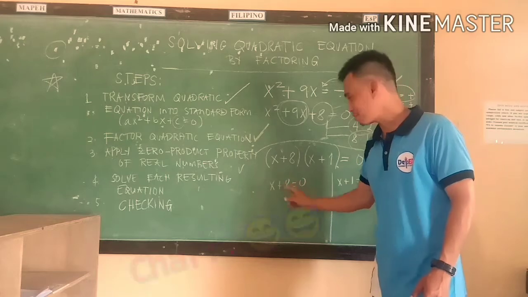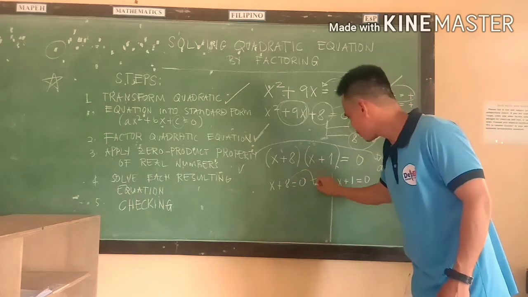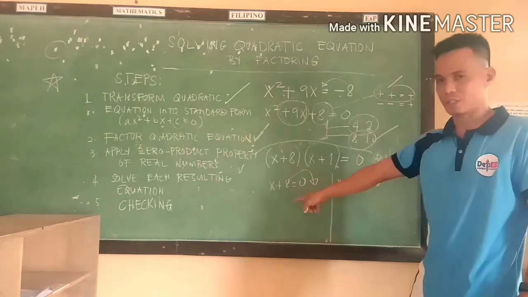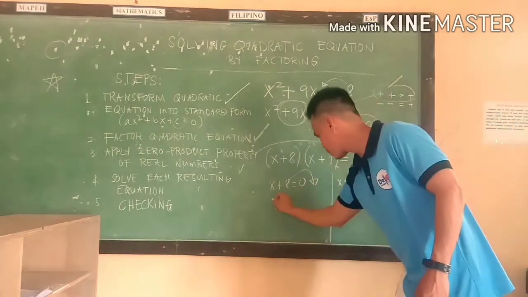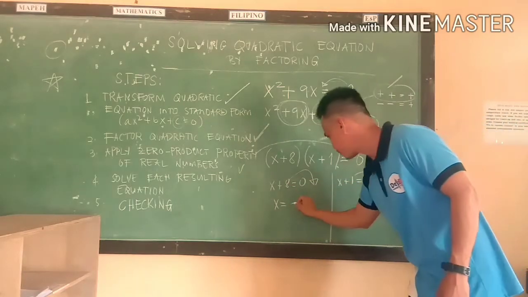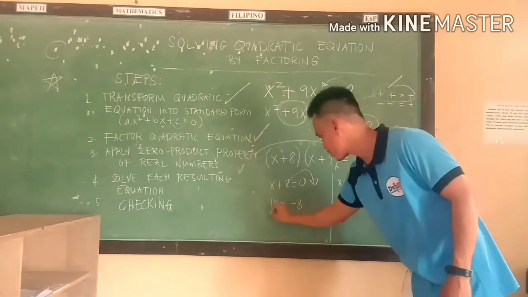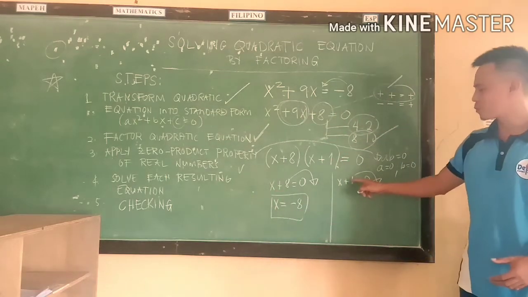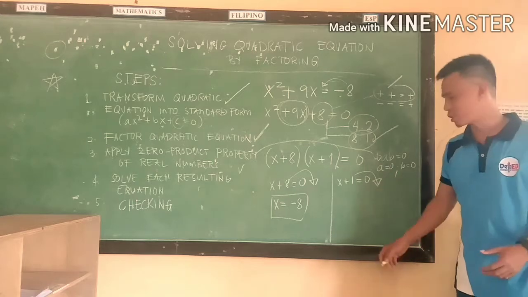Transpose to the other side, and this one also. Okay, solve natin yun. X will become, the positive 8 transposing to the other side will become negative. So here we go. Our answer is x equals negative 8. While the other one, transposing positive 1 to the other side will become negative.